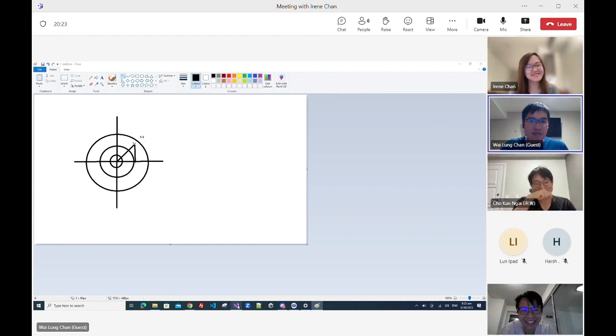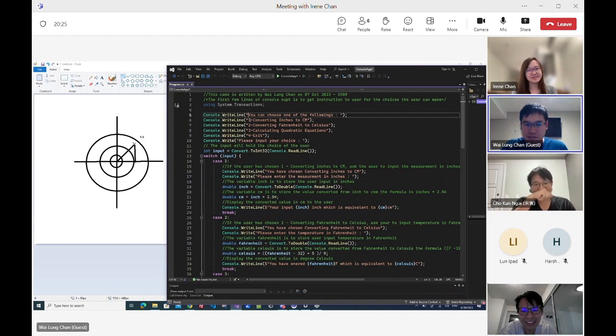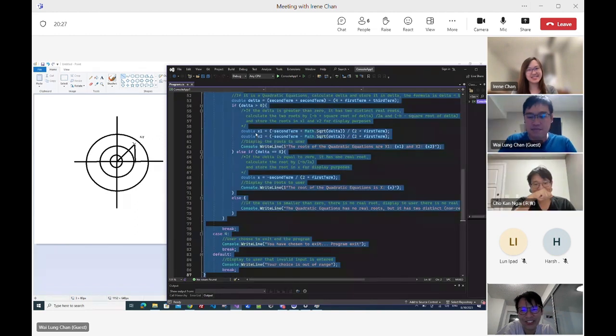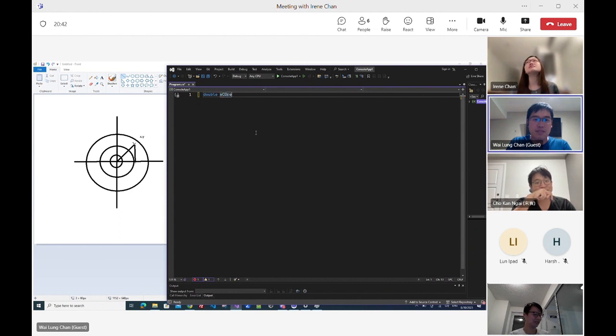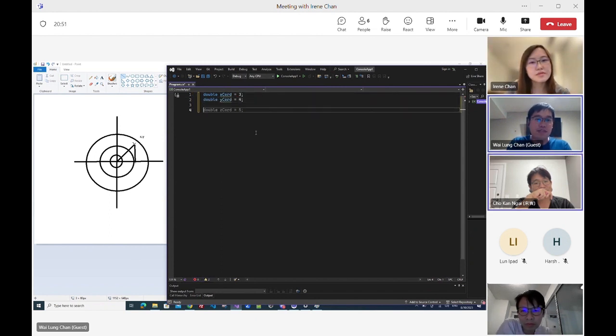Okay. So I think the problem will be, we get 2 points, maybe double x coordinate will be maybe 3, and then double y coordinate maybe 4, and then we need to get the distance.